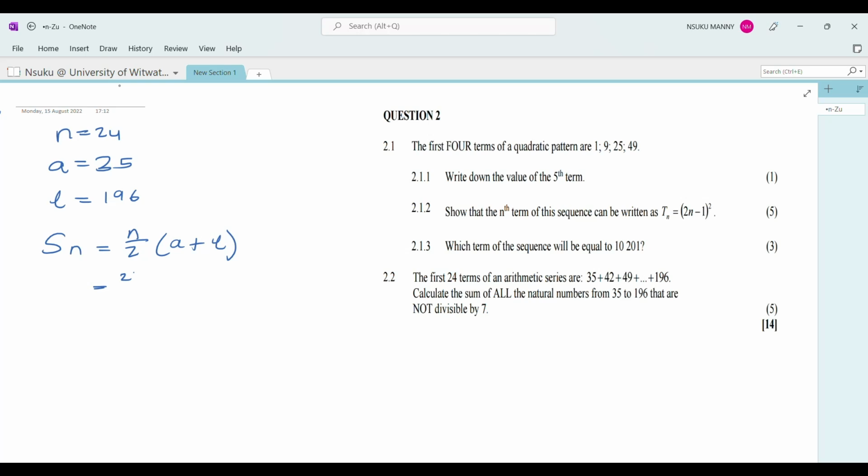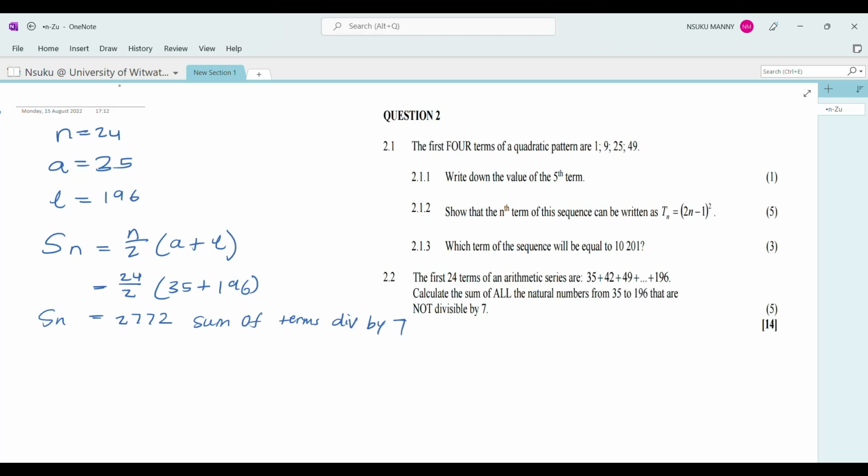We say 24 over 2, our first is 35, our last is 196, which gives 2,772. So this is the sum of terms divisible by 7.